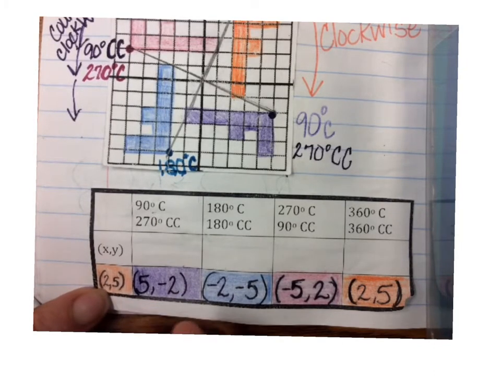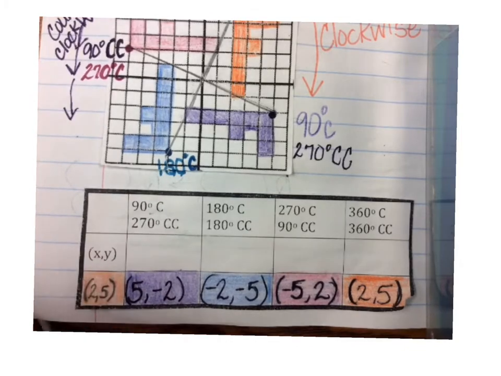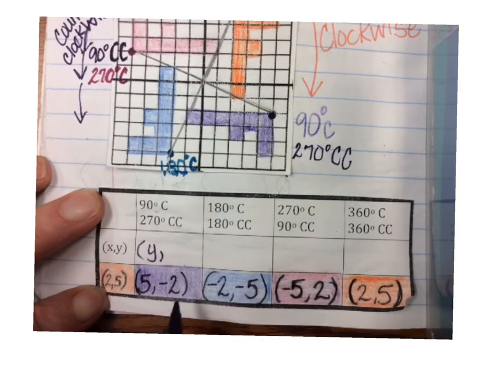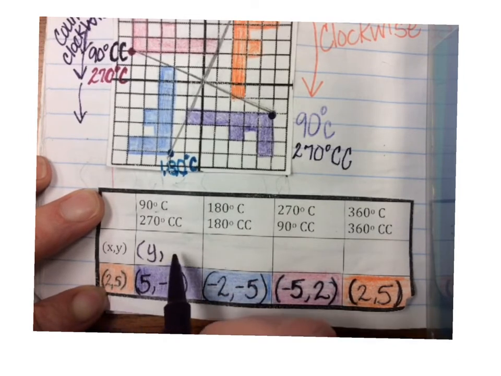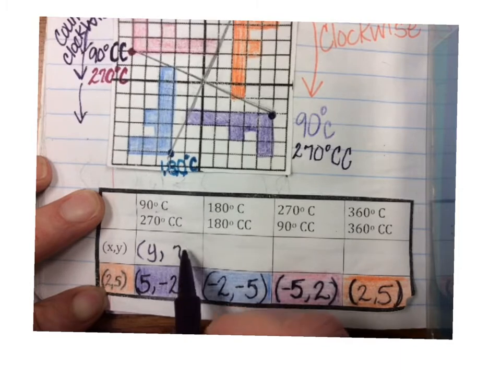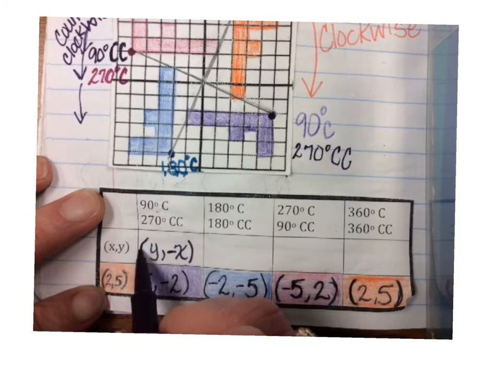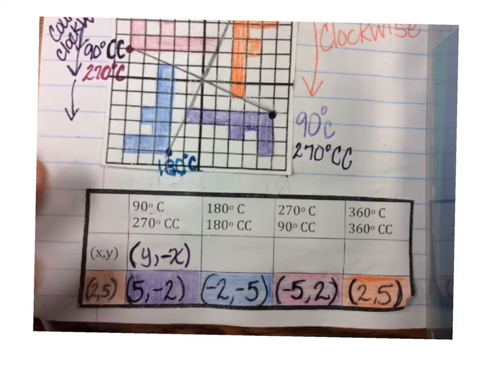It looks like the Y became the X, so I'm going to put Y here, and the X became the Y, and it became the opposite, so I'm going to put a negative sign in front of there because that means the opposite of what it was.